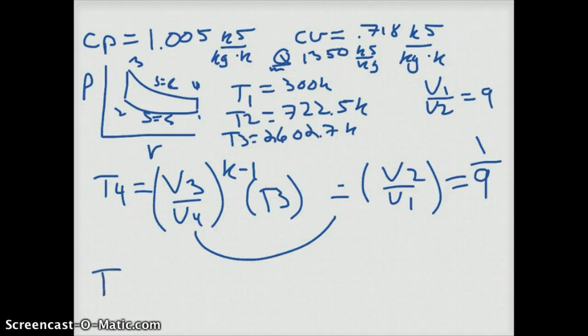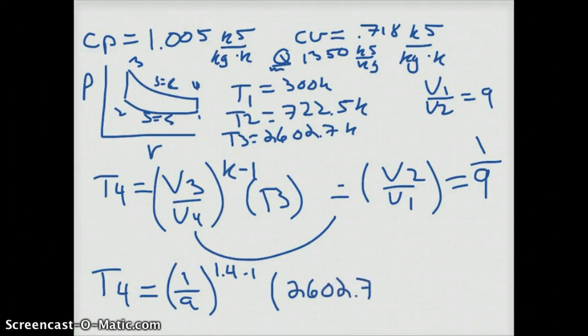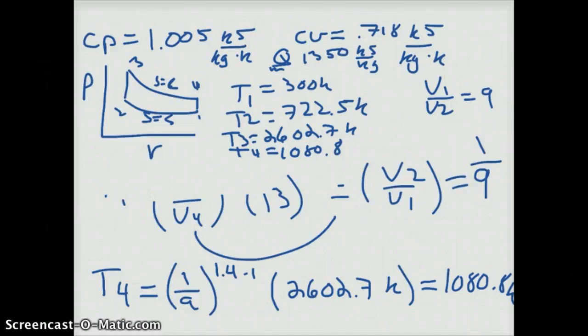So we've solved for T4, and that's equal to 1 over 9 to the 1.4 minus 1, times our T3, which is 2,602.7 K. Our T4 is going to be equal to 1080.8 Kelvin. So now that we have our T4, I'm just going to add it here, and then I'm going to erase the rest.